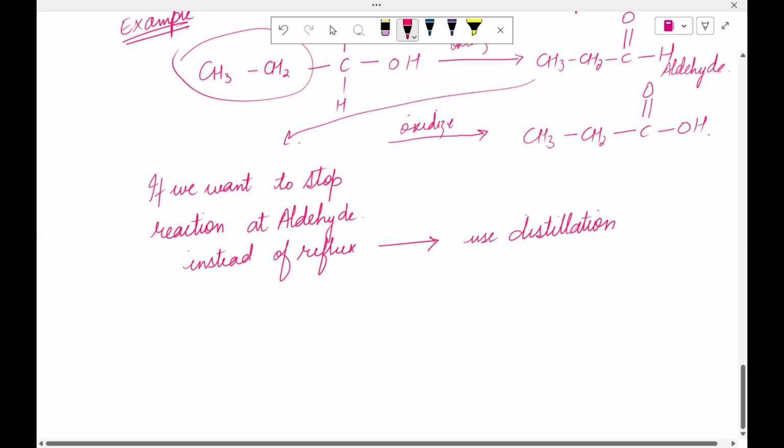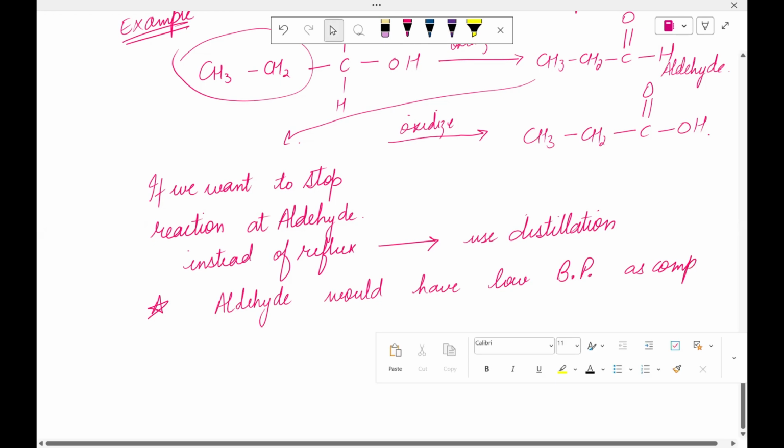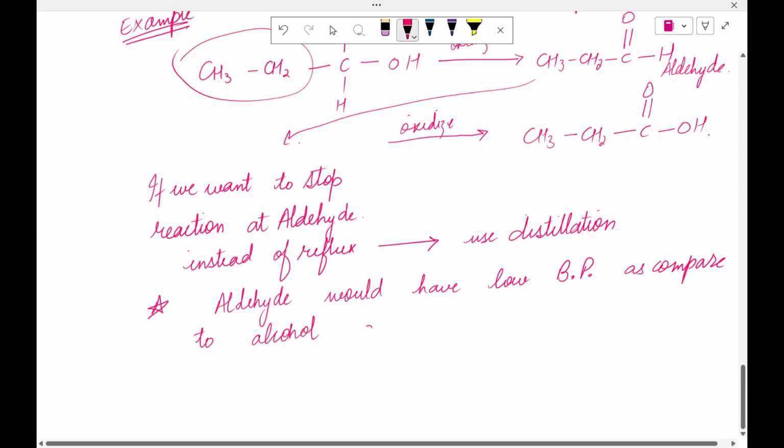And remember one thing, the important point here: aldehyde would have a low boiling point as compared to alcohols, and the reason behind this is that they don't have an OH group to form hydrogen bonds.